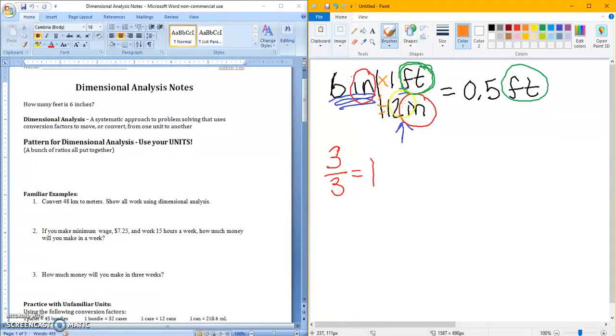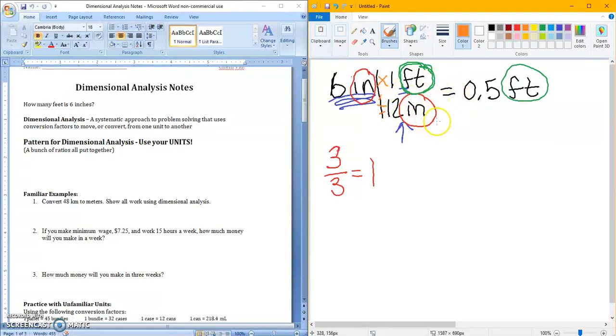Okay, so these conversion factors are just like fractions. So I'm going to take 6 times 1 divided by 12. That equals 0.5 or half a foot. And that's how dimensional analysis works. It works the same way every single time. You just follow the units.